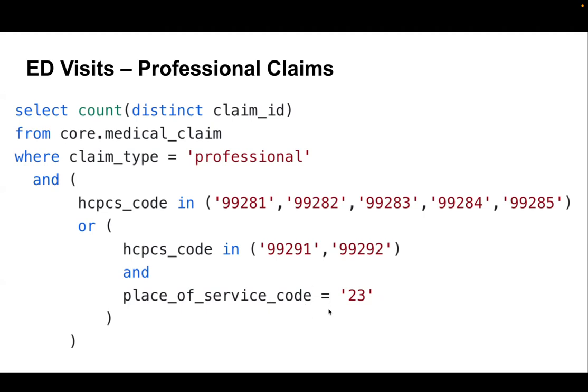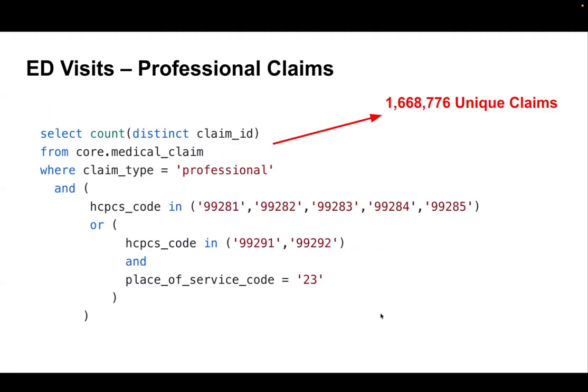In those cases, we require a place of service code equal to 23, which is for the emergency department. In the Medicare LDS claims data for 2022 and 2023, which we ran all these statistics on, this results in a little over 1.6 million unique claims.